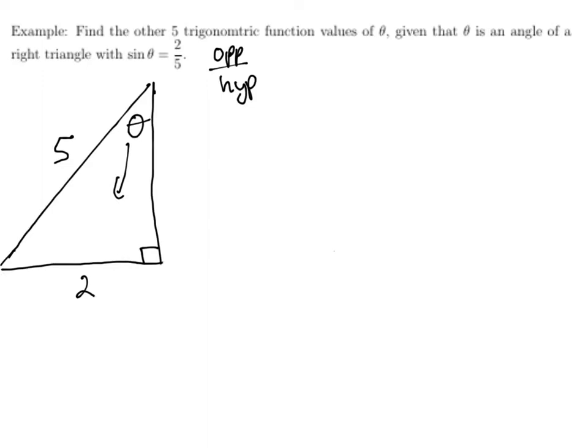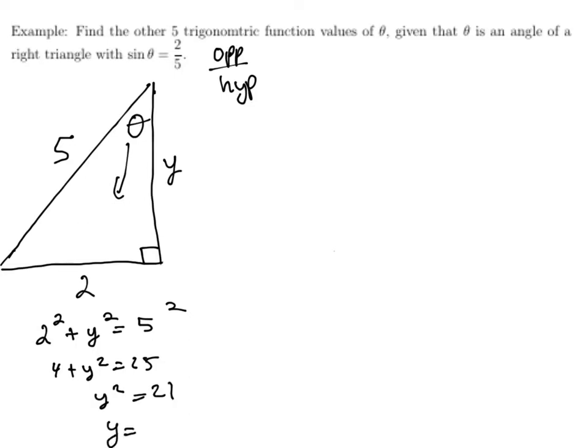Now what we need to do is find the side y. So we would use the Pythagorean Theorem. We'll say 2 squared plus y squared is equal to 5 squared. 4 plus y squared equals 25. y squared equals 21, so y is equal to the square root of 21 here.